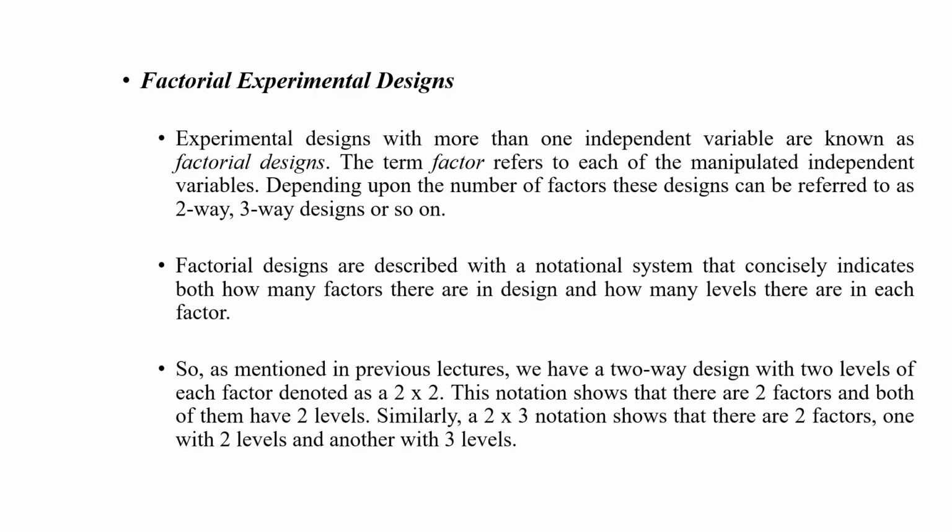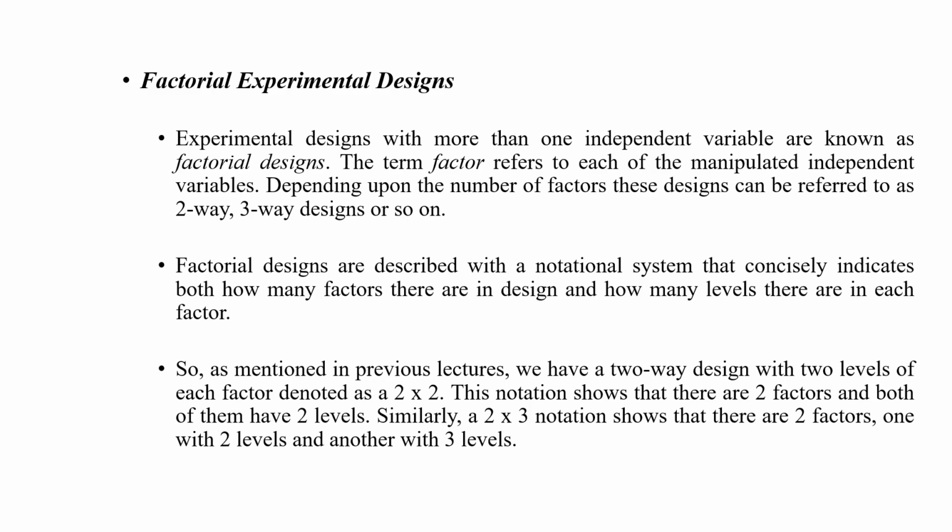So, let's look at this. Experimental designs with more than one independent variable are known as factorial designs. Okay. So, whether it has 2 factors, 3 factors, 4 factors, all of that is referred to as a factorial design experiment. The term factor refers to each of the manipulated independent variables. So, how many factors does a study have?